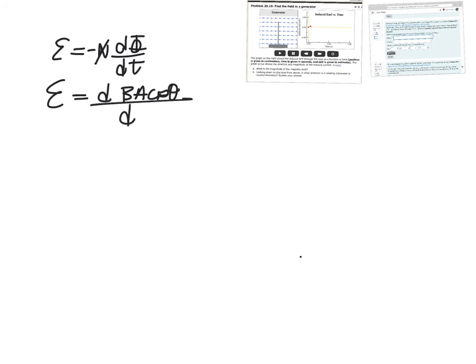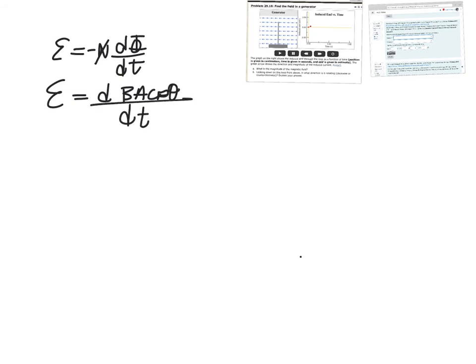So we have Faraday's law, E equals minus n d phi dt. And n is 1, it's just one loop. And so E is dBA cosine theta by dt, phi is BA cosine theta.